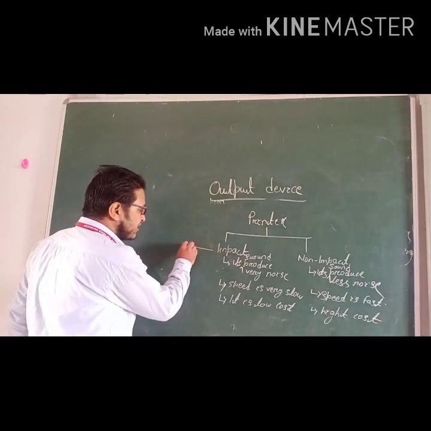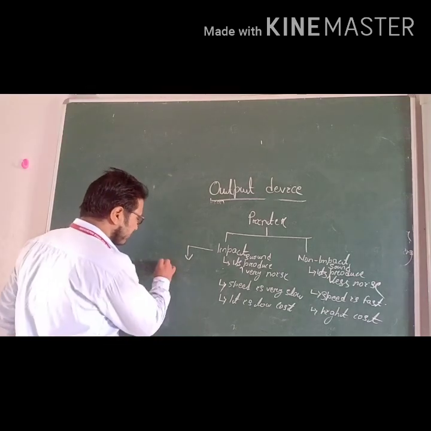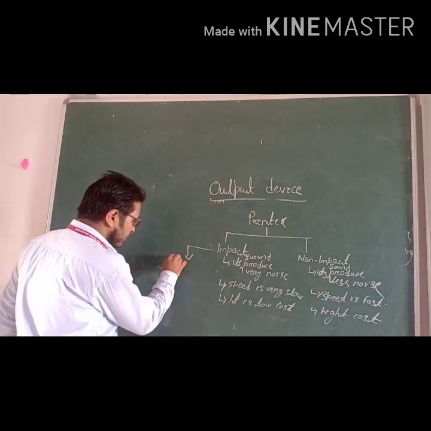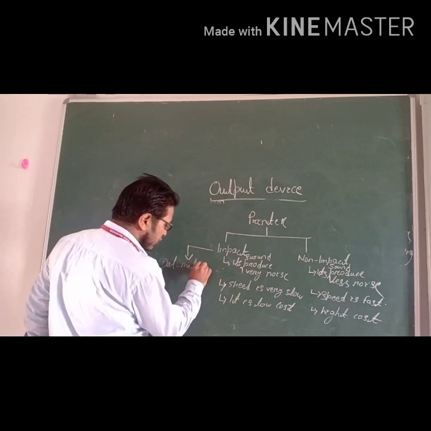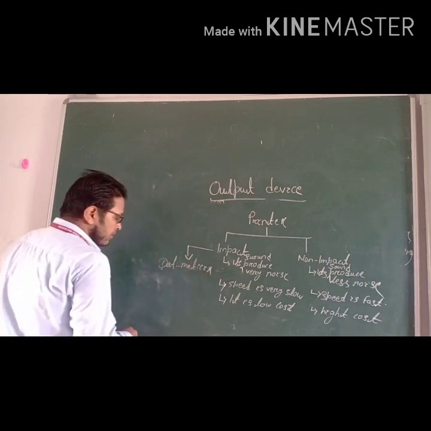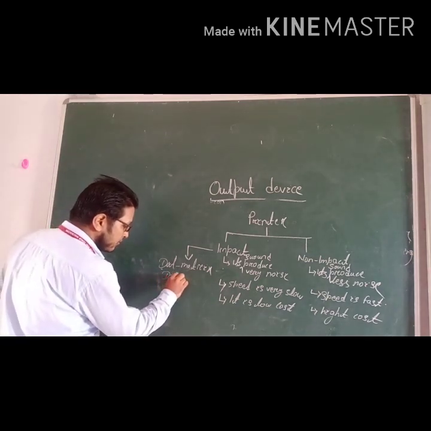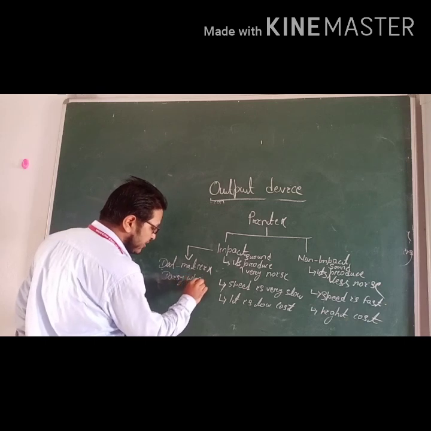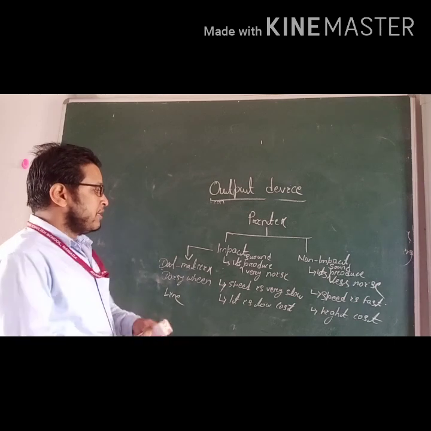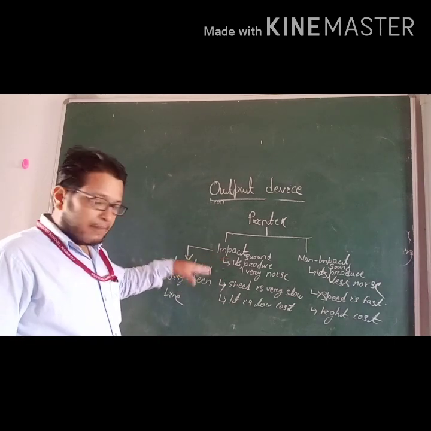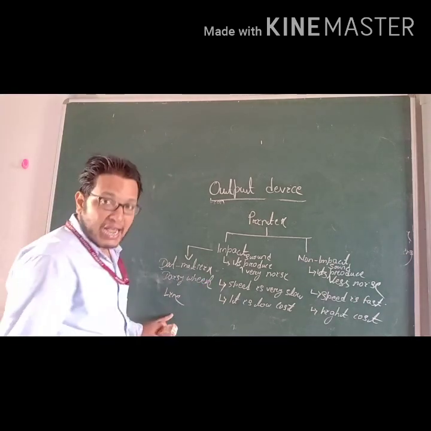There are so many examples of the impact printer, student: the dot matrix printer, the daisy wheel printer, then the line printer. Remember, impact printer examples are the dot matrix, daisy wheel, and line printer.